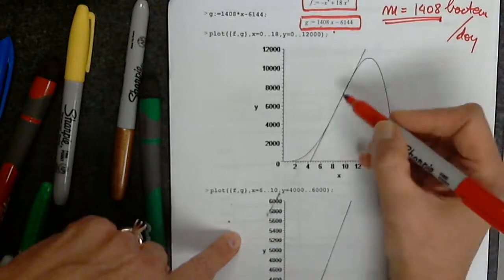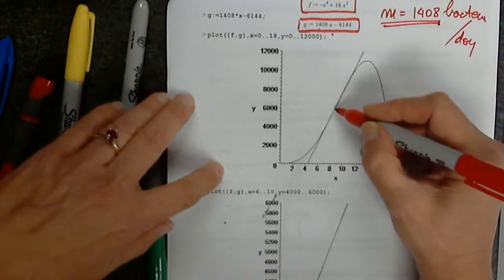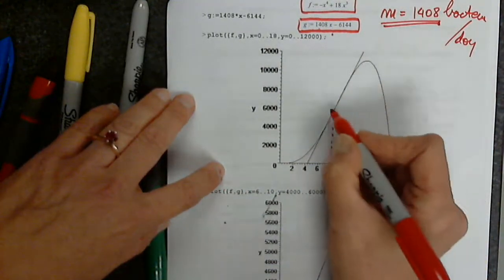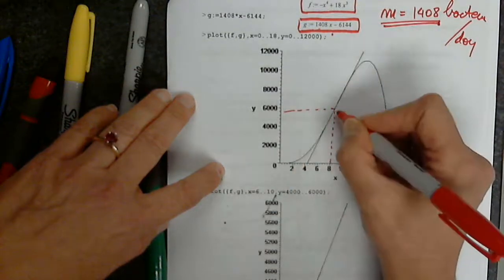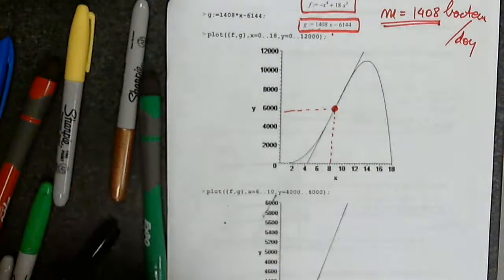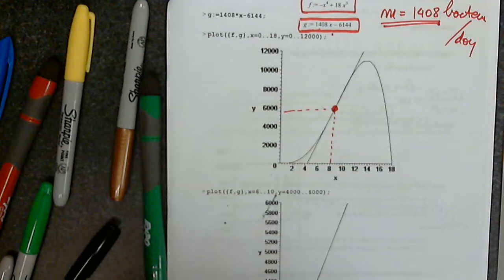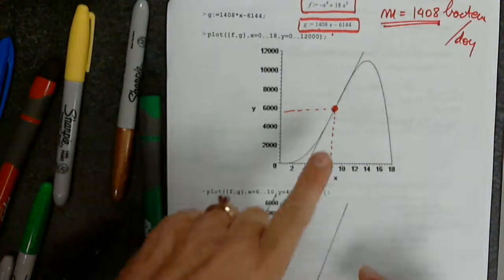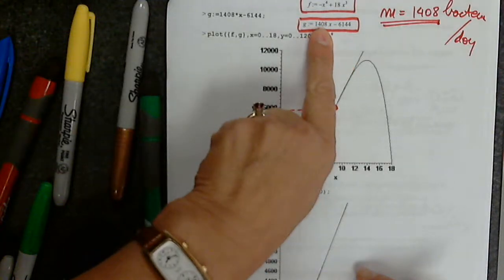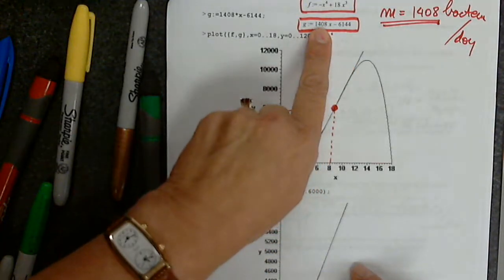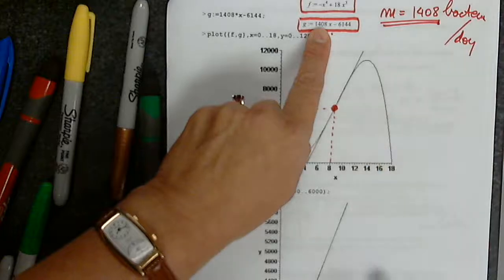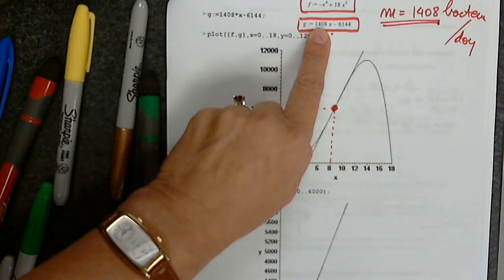Careful how you put it in if you want to. So what I got was, I showed that at this point, the line is tangent to the graph of f of x. And this is the rate of change, the instantaneous rate of change of the bacteria on that day.